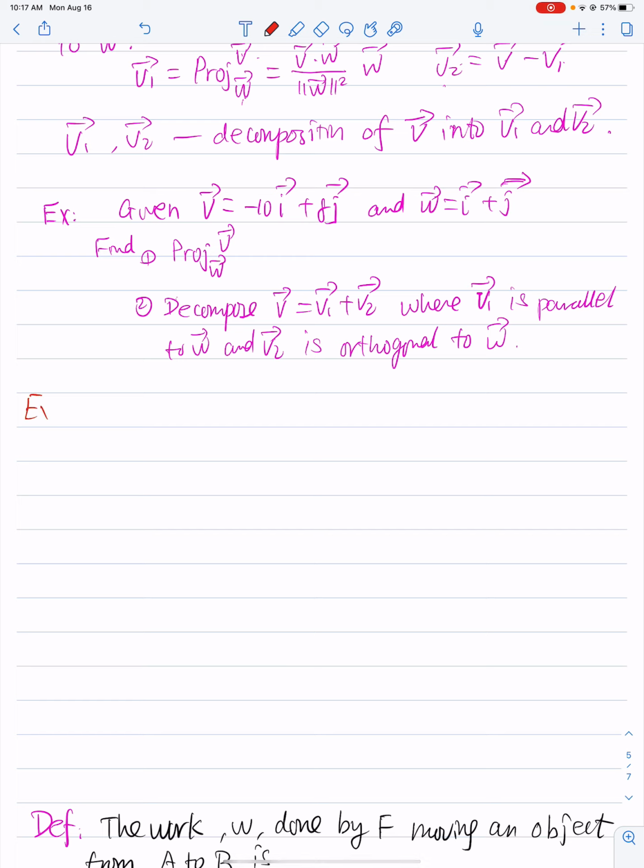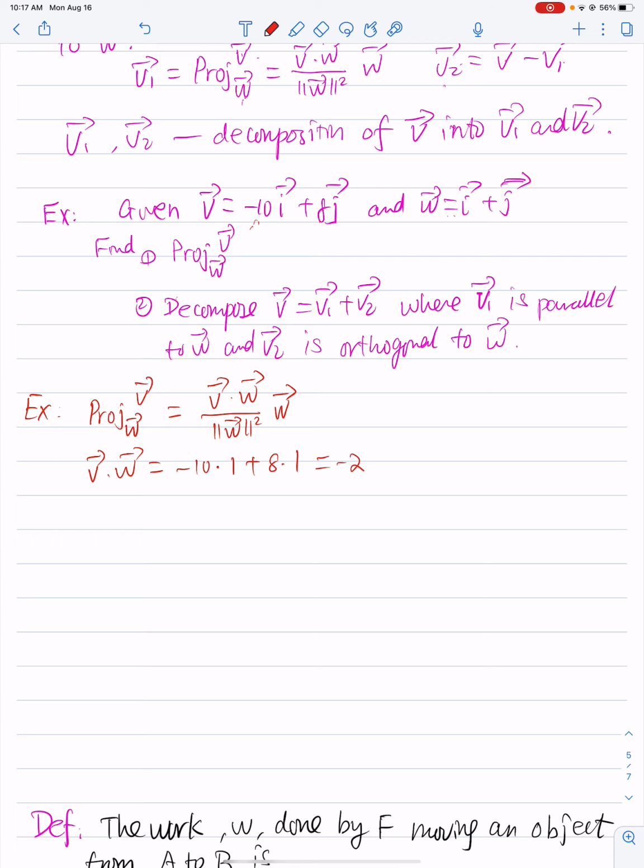Example. What will be the projection of v onto w? It will be v dot w over the magnitude of w squared, multiplied with the vector w. So what will be v dot w? We have negative 10 times 1 plus 8 times 1, so the i coefficients multiplied together plus the j coefficients multiplied.